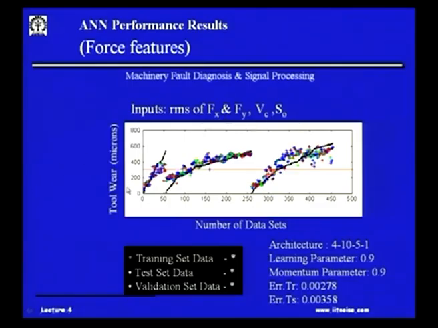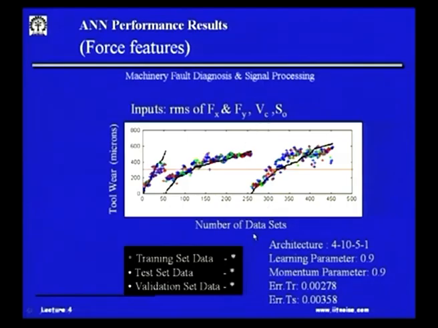We could estimate the tool wear. In this sense, a certain amount of training was done, test data were used, and then validation was also done, and we can estimate that this is the training with the test data, and we have a good set of training data with the measured values.